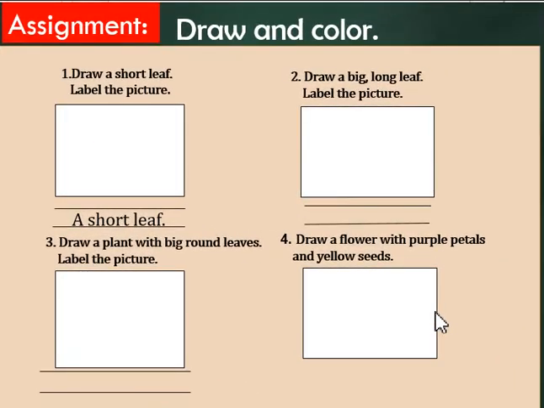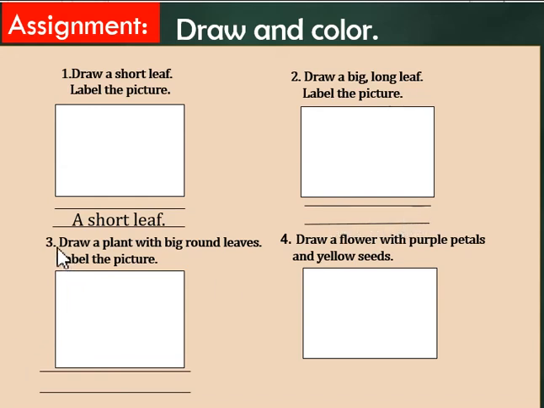Okay, next we have an assignment. Draw and color. Number one, draw a short leaf and label the picture. You draw only a short or small leaf. Number two, draw a big long leaf, only one, and put the name.